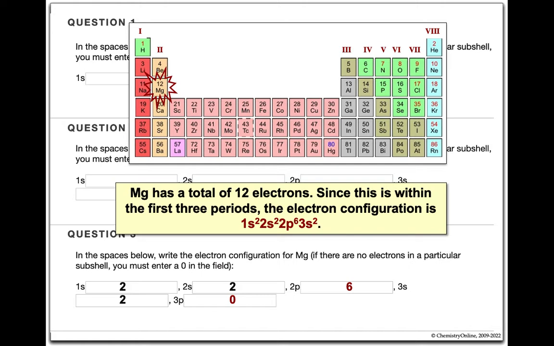Now again, on an exam, I probably will ask you either to write an electron configuration or to choose one from a list. But it will be in this format, and it'll be simple, okay? First 3 groups, first 3 periods, that's it.